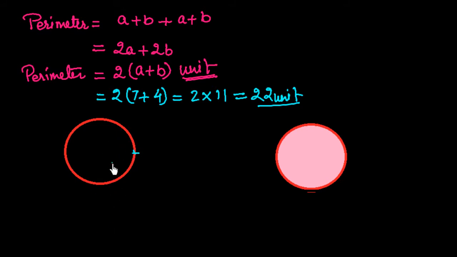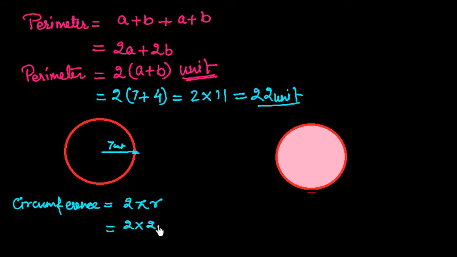Already we know that the circumference of a circle is 2 pi r. If the radius of this circle is 7 units, then the circumference is 2 pi r, which is 2 times 22 by 7 times 7, since we know the approximate value of pi is 22 by 7.